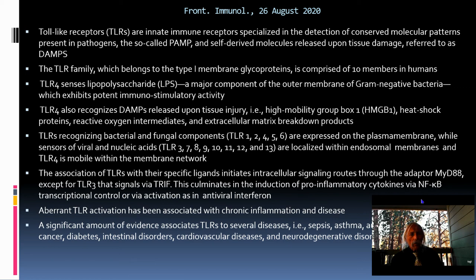So TLRs, recognizing bacterial and fungal components, have been isolated according to their specific function to be TLR 1, 2, 4, 5, and 6. And they're expressed on the plasma membrane, while sensors of viral and nucleic acids, which are TLRs 3, 7, 8, 9, 10, 11, 12, 13, are localized within the endosomal membranes. And TLR4 is actually mobile. It can move from the plasma membrane to all those endomembranous compartments, as I told you a half an hour ago.